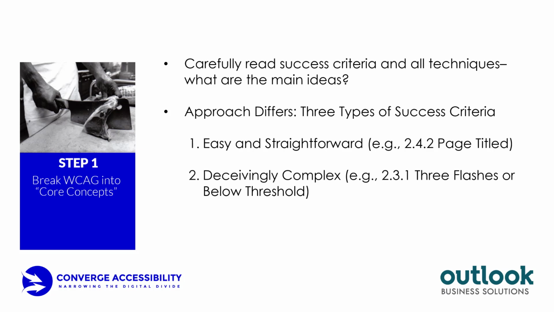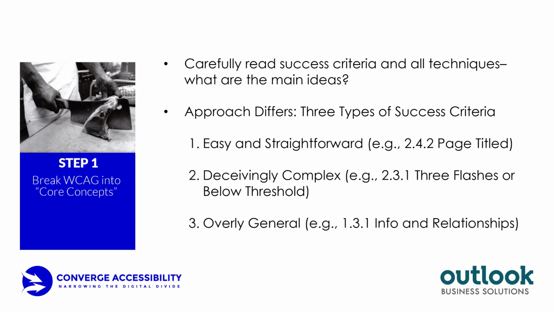Plus, the size of the flashing content also makes a difference. But even here, there is a difference between whether the content is viewed on a mobile device or on a spacious desktop monitor. Therefore, after lots of research and review, we can write the core concept as: flashing content shall not flash more than 3 times in 1 second and occupy a space of more than 21,824 square pixels.